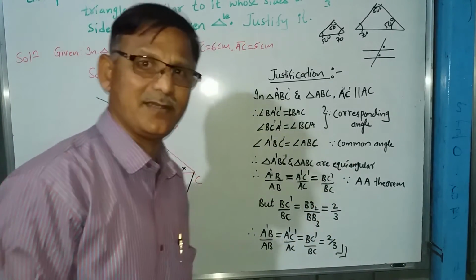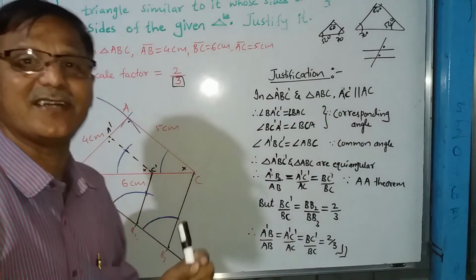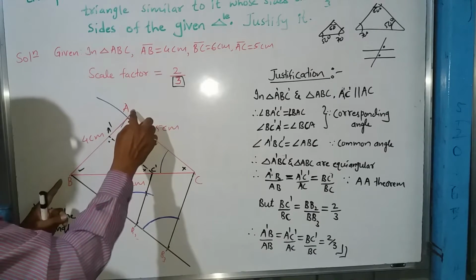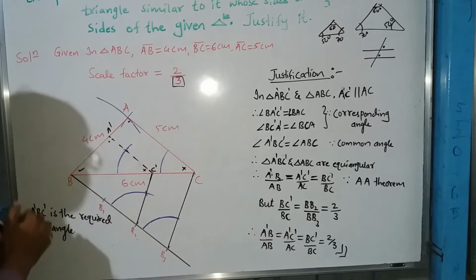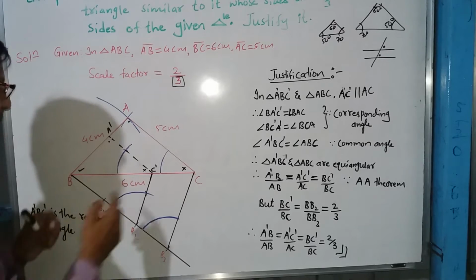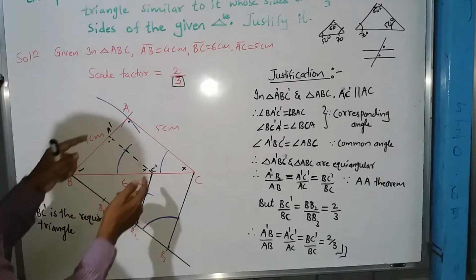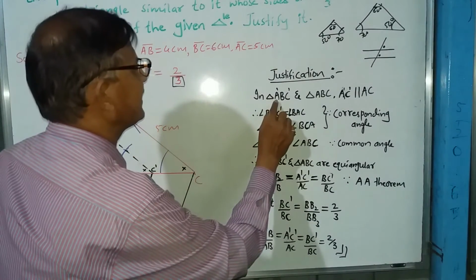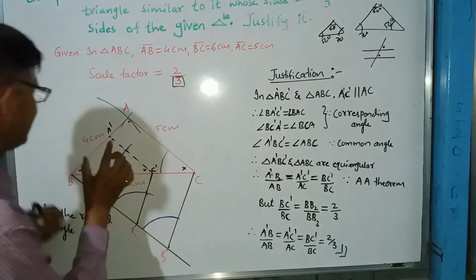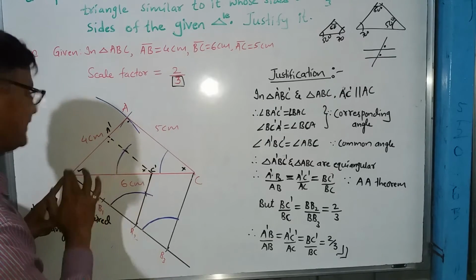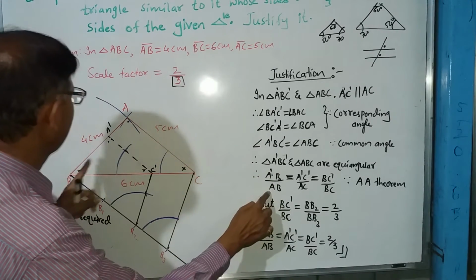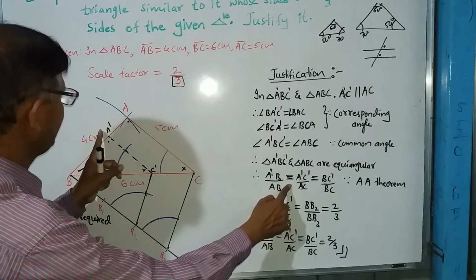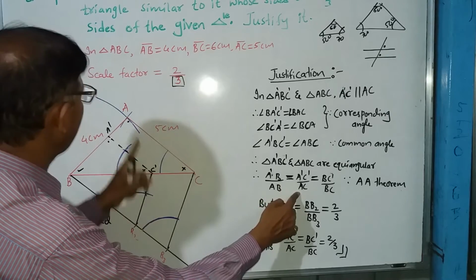And if the triangles are similar, then their corresponding sides are in equal ratios. So corresponding sides which are those? AB, A'B, BC, BC', AC, A'C'. As I have started with the triangle A'BC' first, so first I will take the side of the triangle: A'B upon AB is equal to the next ratio A'C' upon AC.